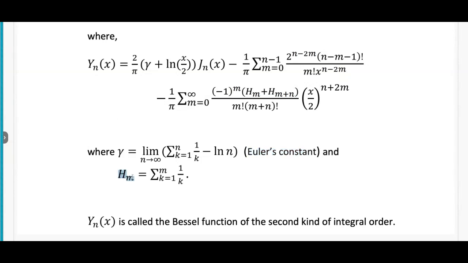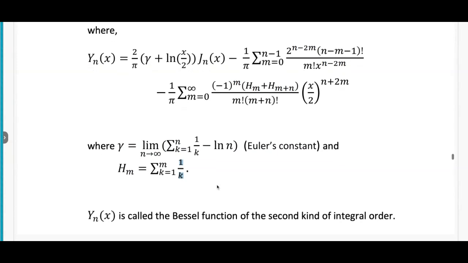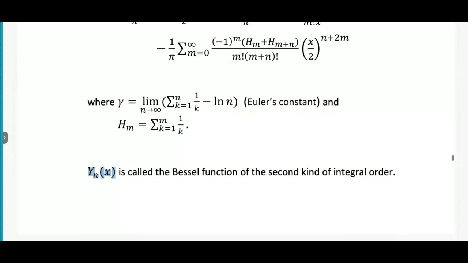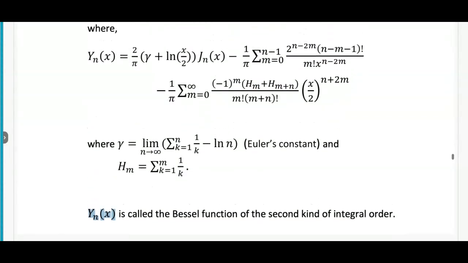And what is h_m? h_m is defined as the summation from 1 to m of 1 over k. So 1 plus a half plus 1/3 until 1 over m. This yn is called the Bessel function of the second kind of nth order. Okay, anyone has any questions?